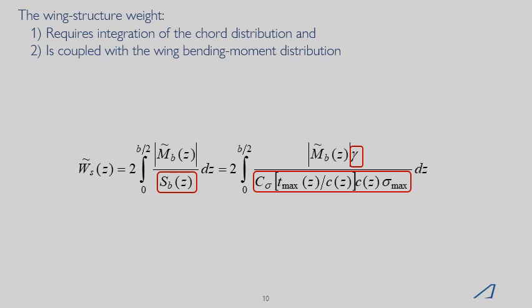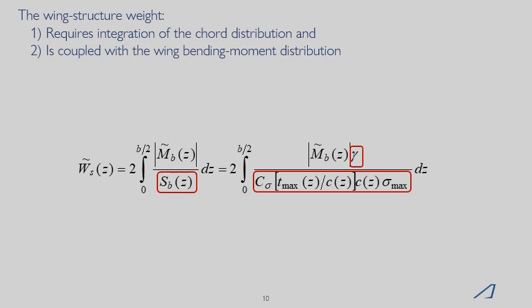And that really depends on the design of the spar and its material, as we can see on the right. So on the right, we have the very same expression, but we've now used the definition for the proportionality coefficient as a function of the spar material and structural properties.